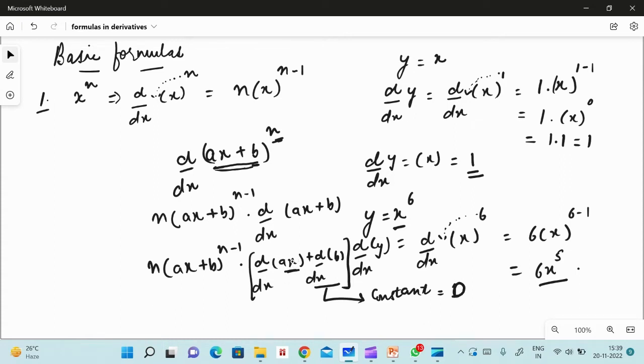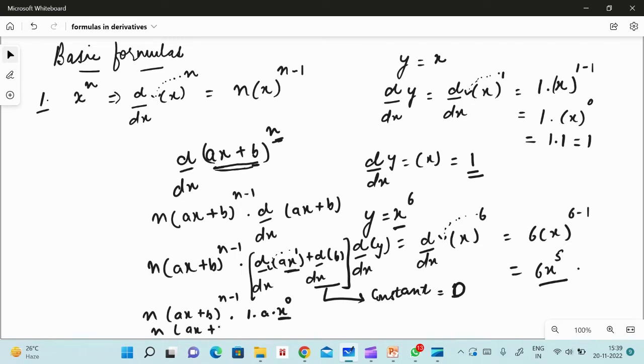So ax, now what is the power of x? It's 1. So 1 will come here and in the power it is 1 minus 1. So how will I write? n into ax plus b power n minus 1 into 1 into a into x power 0. Anything power 0 is equal to 1.